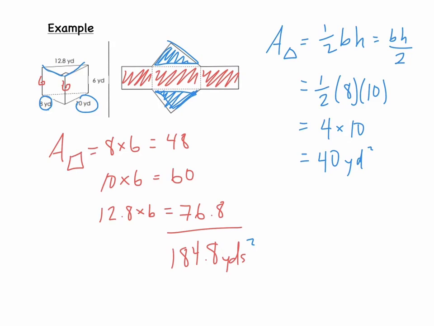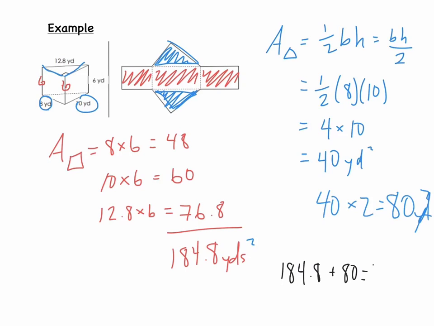So in total, 40 times 2 is 80 yards squared. Now, since we have figured out all of our rectangles and our two triangles, all we have to do is add the 184.8 plus the 80 to get 264.8 yards squared.